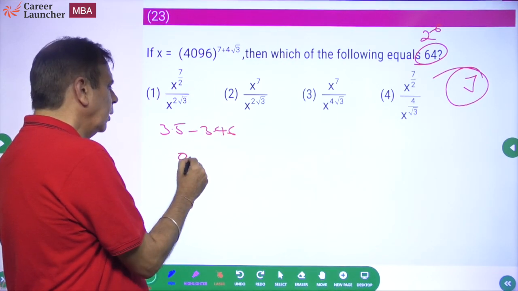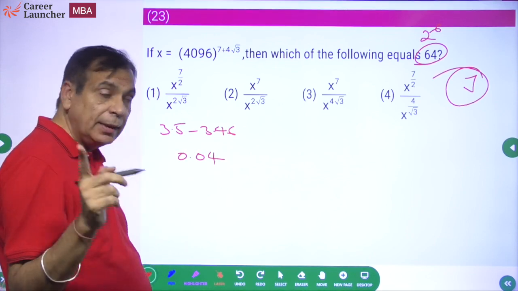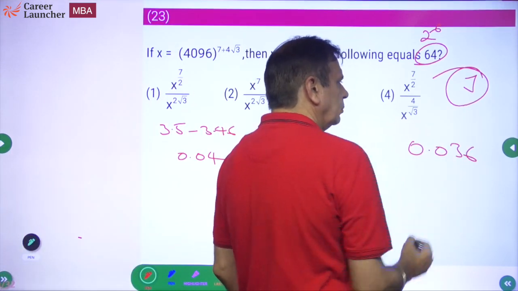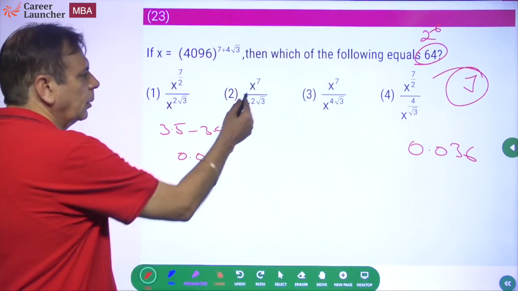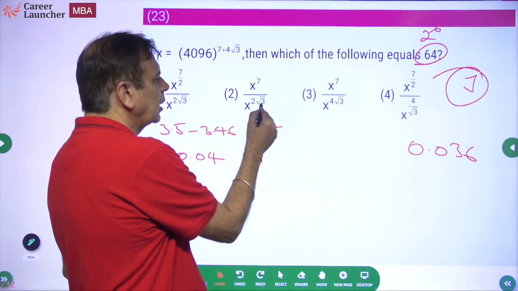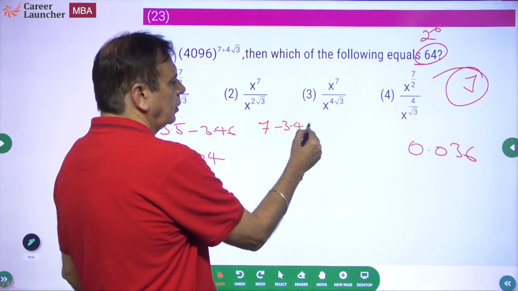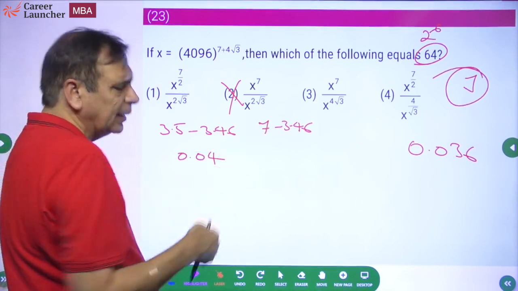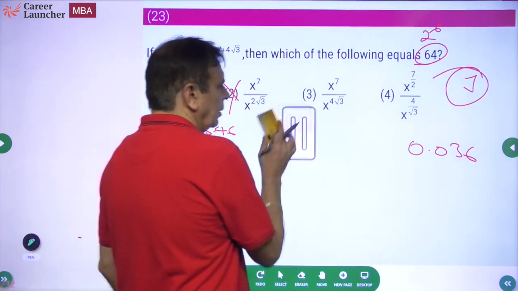This is 0.04. Can be the answer. What we are looking for? We are looking for 0.036. Okay. So I'll not eliminate. What about this? This is 7 minus 2 root 3, 1.73 into 2, 3.46. Wrong. We need less than 1. It is greater than 1. So this is wrong. Okay.